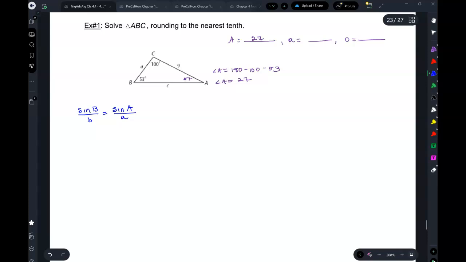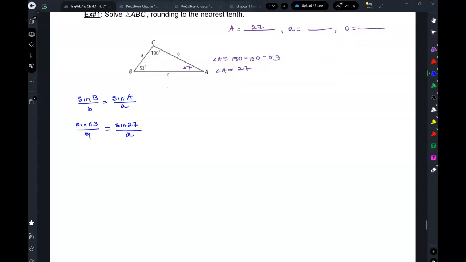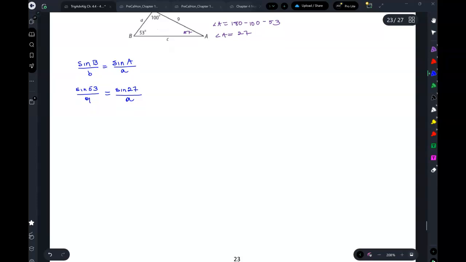Now I plug in what I have: sine of 53 over 9 is equal to sine of 27 over a. Now I need to solve for a, so I'm going to cross multiply.